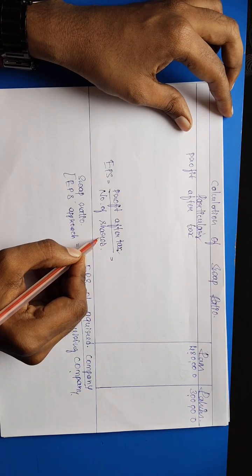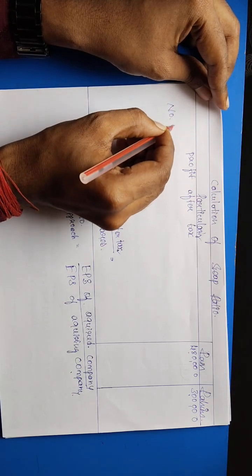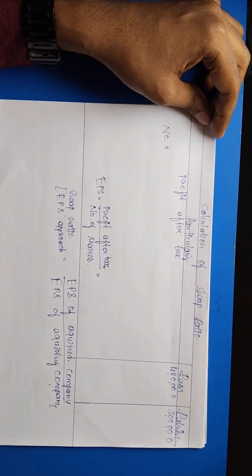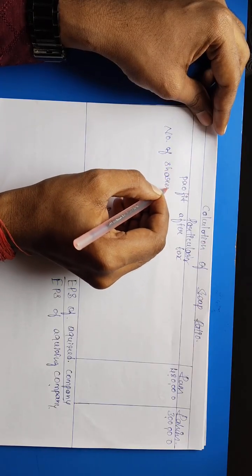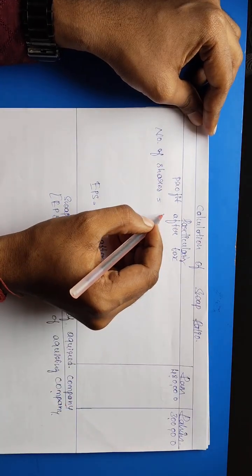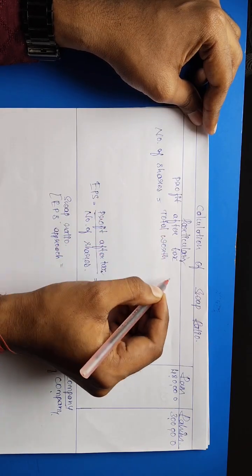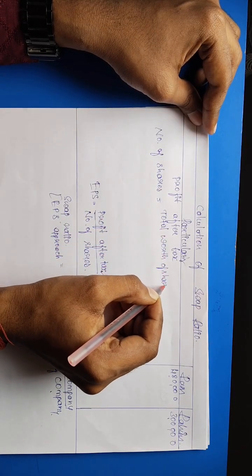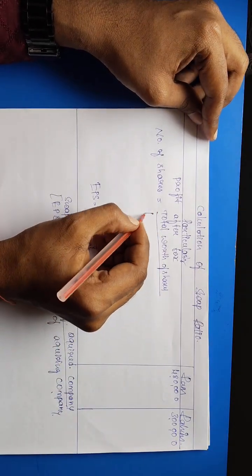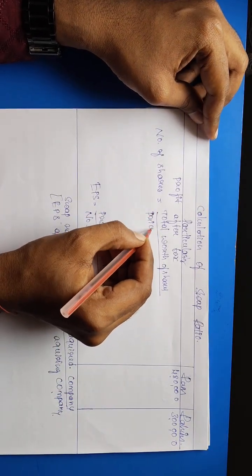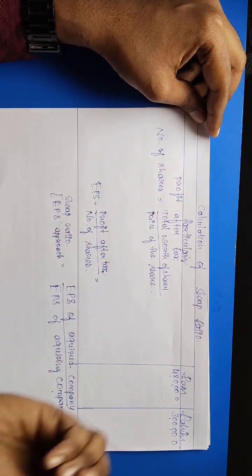Now we need to ascertain the number of shares. How can we calculate the number of shares? Number of shares is equal to the total worth of shares divided by the price of the share.